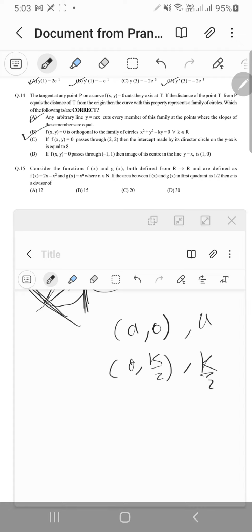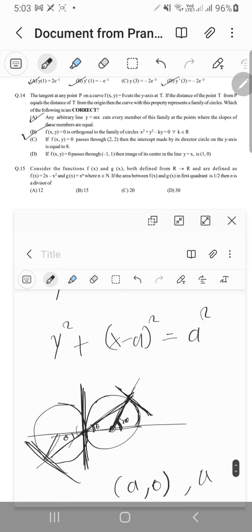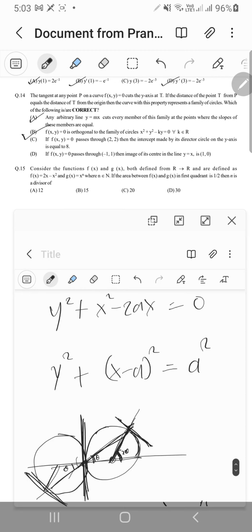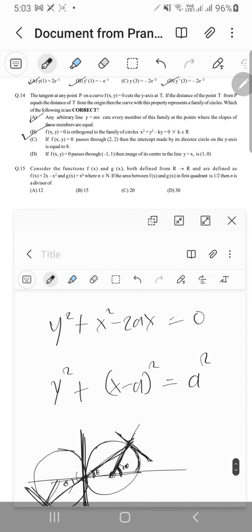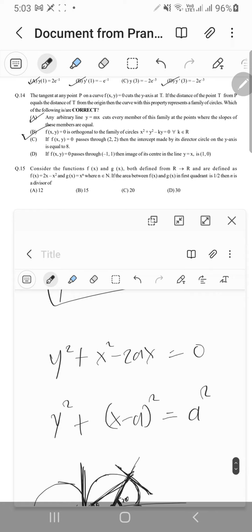If f of x y equal to 0 passes through (2, 2), then the intercept made by its director circle on the y-axis is equal to 8. Okay, its director circle, some circle that always has, okay, yeah, it should just be square root 2 times that. Okay, cool. So if f of xy is passing through (2, 2), let's just put (2, 2).